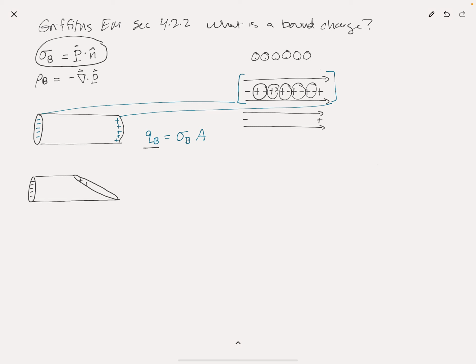I have 5 of these, 1, 2, 3, 4, 5. But now, since the area of my cut surface has gone up, and my total charge that's stuck on that surface has stayed the same, that means that my bound charge density has changed. It's gone down.